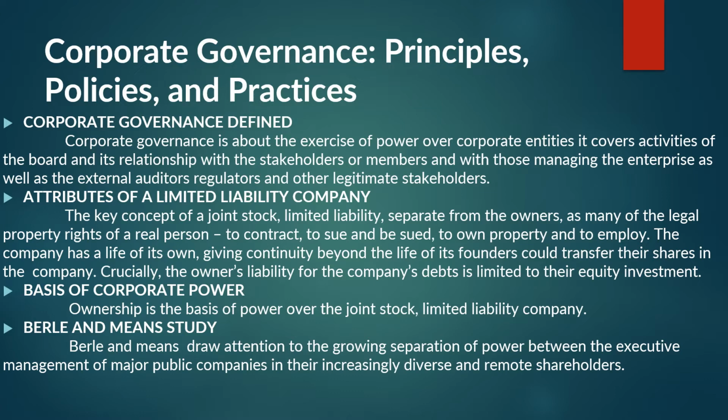The company has a life of its own, giving continuity beyond the life of its founders, who could transfer their shares in the company. Crucially, the owner's liability for the company's debt is limited to their equity investment.